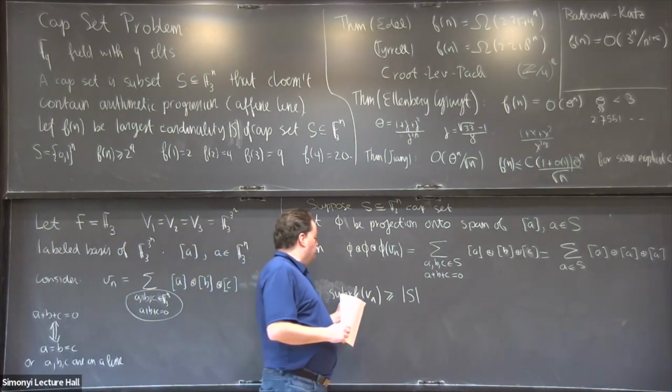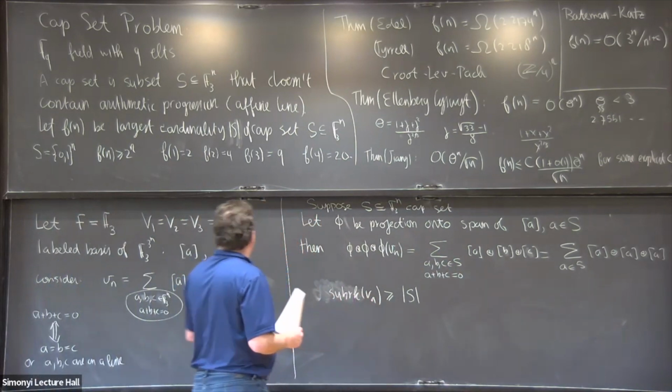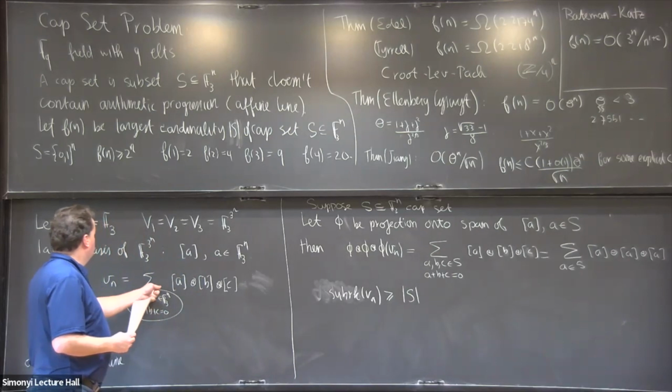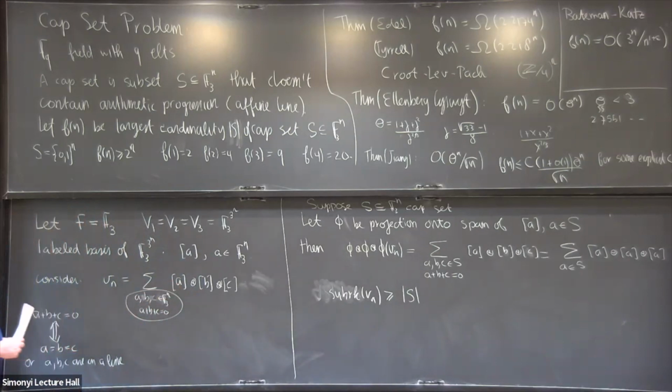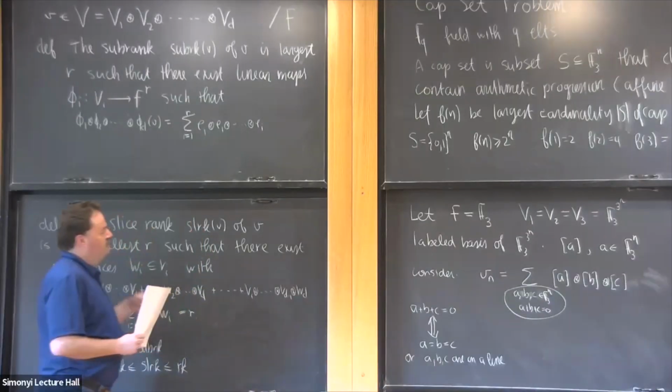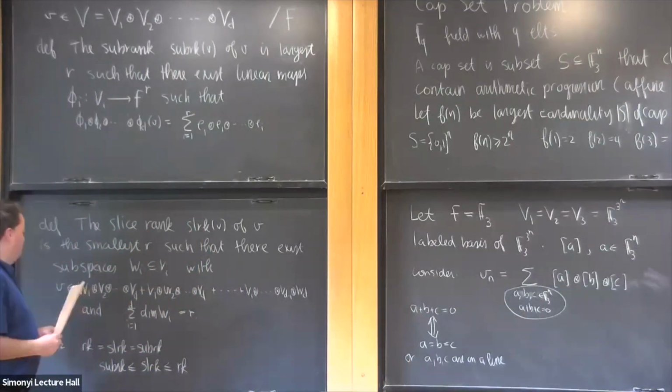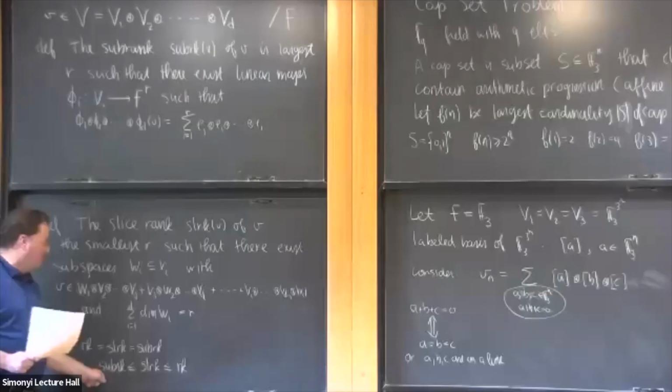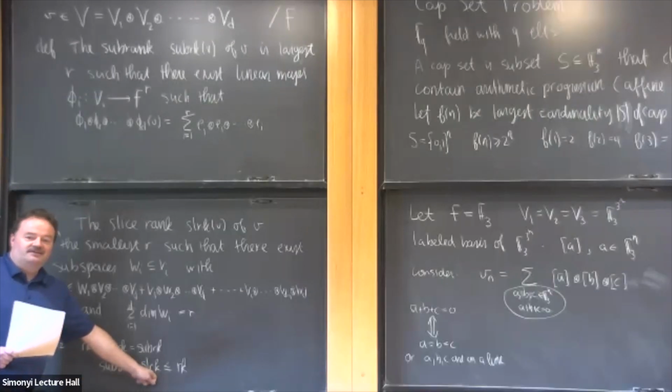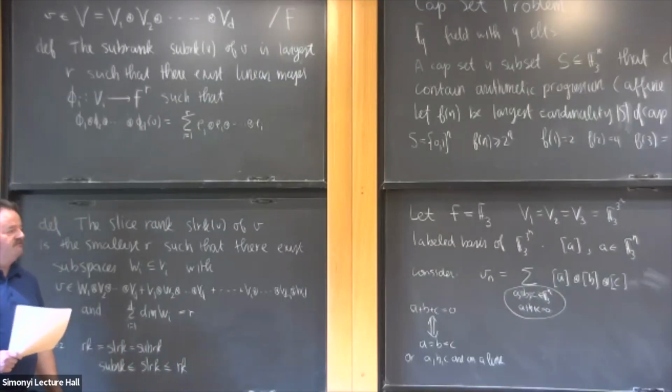But then we have to know the subrank of this tensor. And of course, we don't know what that is. Subrank is not really an easy thing to work with sometimes. But we know that the subrank is less than or equal to the slice rank. And so we'll be able to say something about the slice rank.